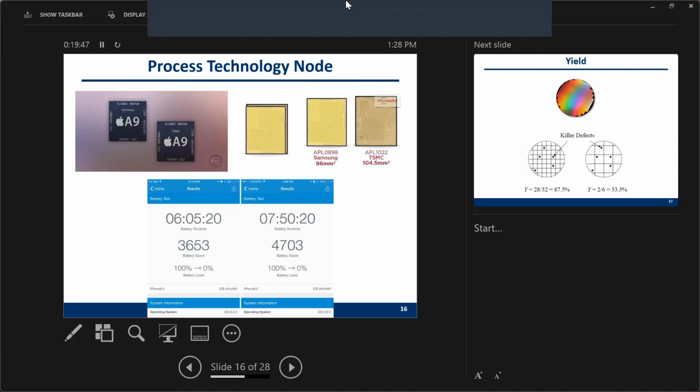You can see that different companies may have different process technology. Even for the same design, they will have a totally different chip because they have different gates and different technology. And you can see that the Samsung chip is smaller than the TSMC one, even for the same logic function.